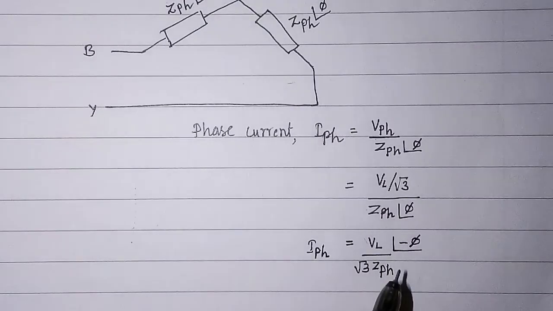So phase current will be lagging the phase voltage by an angle of phi when in each phase impedance of ZPH at an angle of phi is connected.